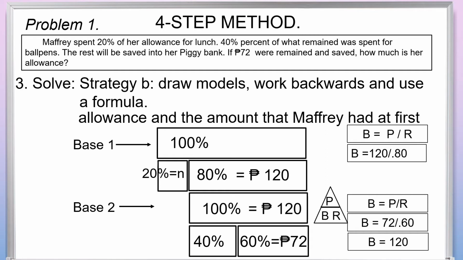Changing the formula, we have 120 as the percentage and 80 hundredths as the rate. 80% is also equal to 80 hundredths when changed to decimal number. So 120 divided by 80 hundredths equals 150. And 150 is 100%, the allowance and the amount that Math5 had at first.